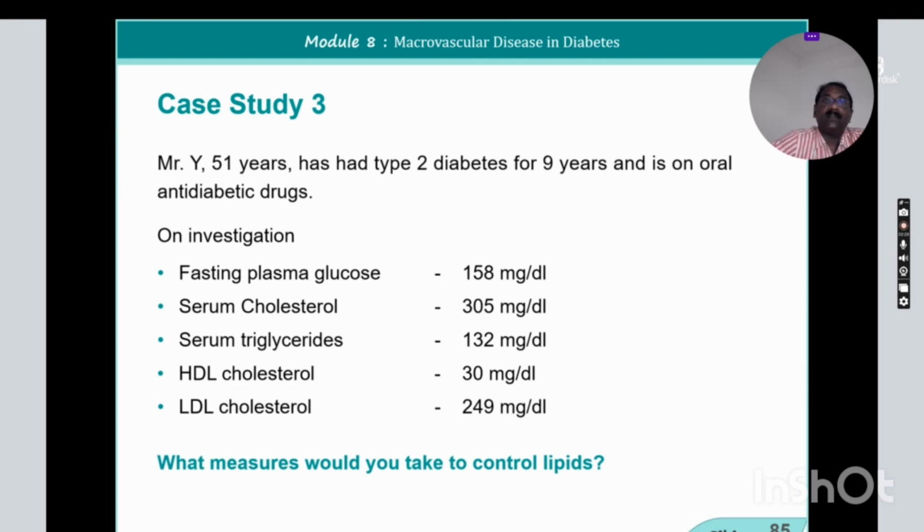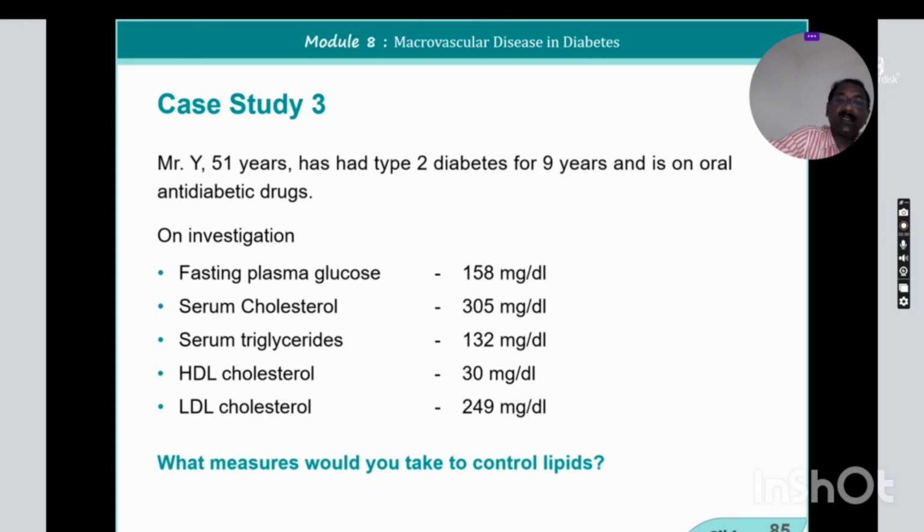Before the statins, lifestyle changes. First, therapeutic lifestyle changes, so your dietary approach, your exercise, etc. Then coming to the drugs, you have 5 drugs: the statins, fibrates, ezetimibe, PCSK9 inhibitors, bempedoic acid.